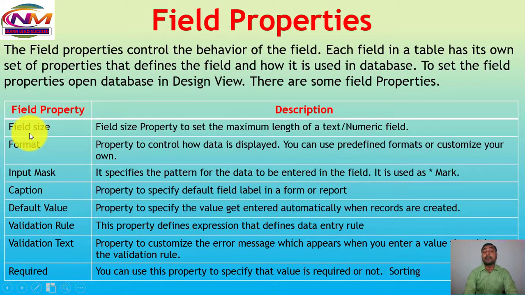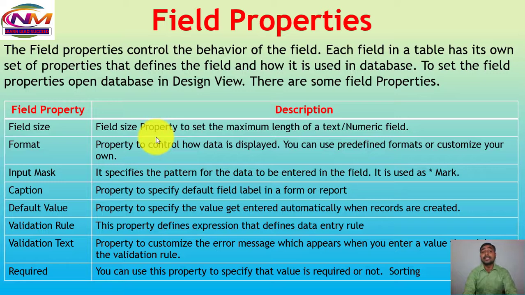Here the first one is field size. The field size property sets the maximum length of a text or numeric field. Suppose I have taken a field of short text: remember that if it is short text, then we are allowed to enter 255 characters, and in long text we are allowed to enter 65,536 characters.